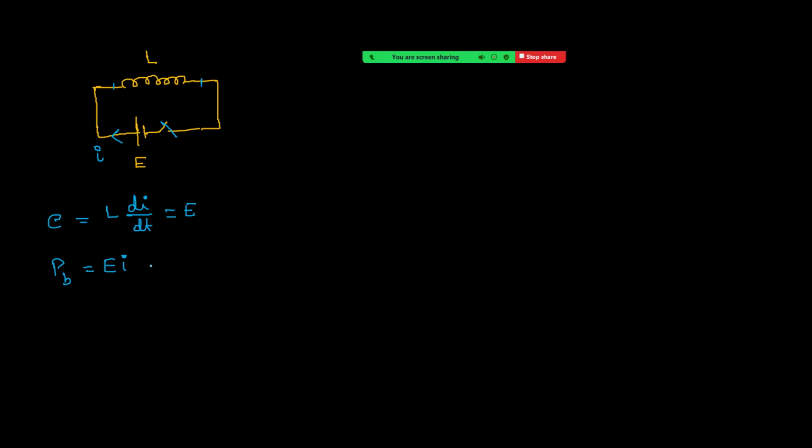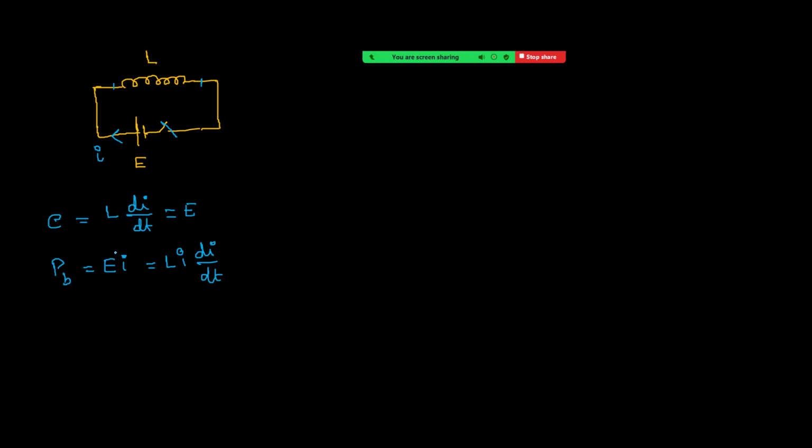That means now I can write this, since E equals L di by dt, as L I di by dt, right? This is the rate at which energy is delivered by the battery to the inductor. Means it is power.